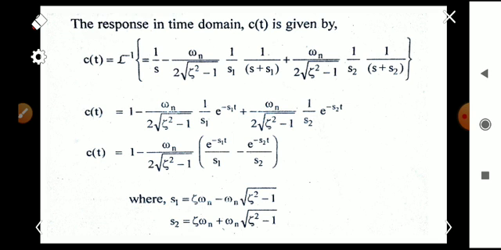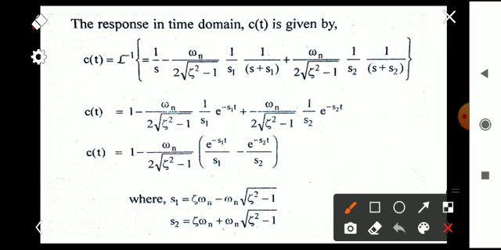So what will be the value of c of t? The Laplace inverse of 1 by s, we know that it is 1, and this omega n by 2 root theta square minus 1 is constant, and s1 is also constant. So the Laplace inverse of 1 by s plus a is e raised to minus at.